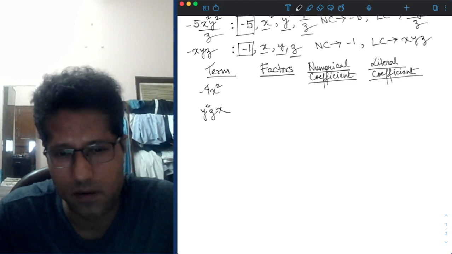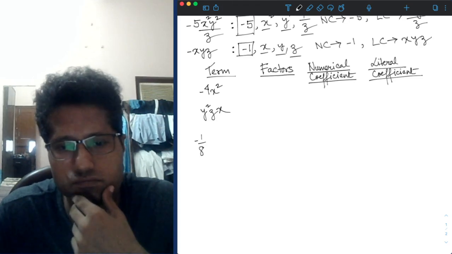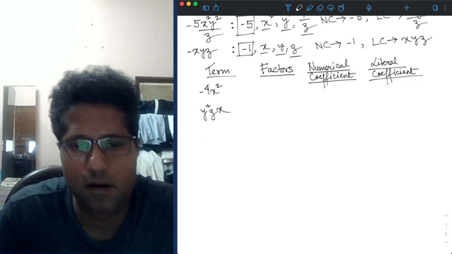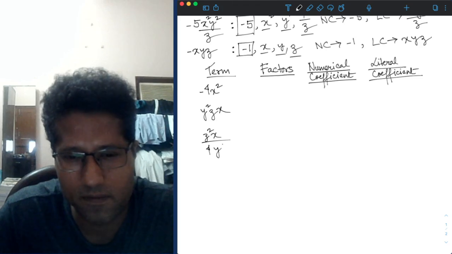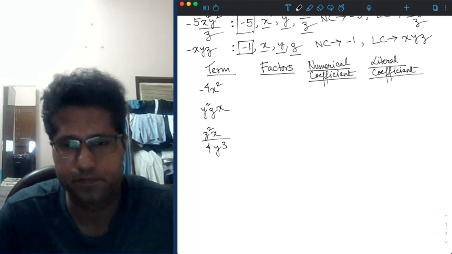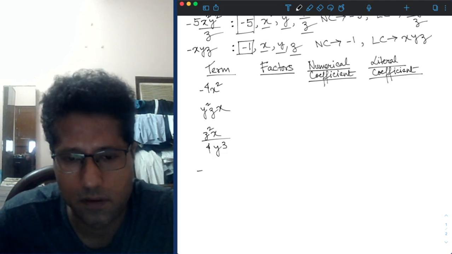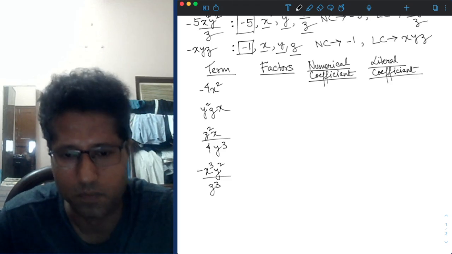Let's say minus 1 by 4, z square x by 4 y cube is another term, and the last one, let's say we have minus x cube y square divided by z cube.